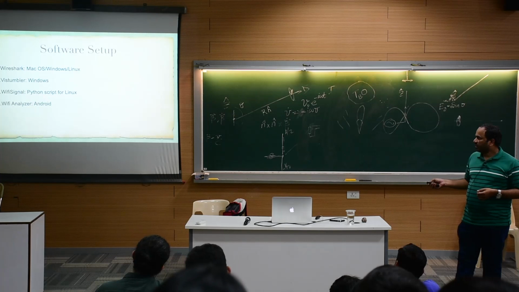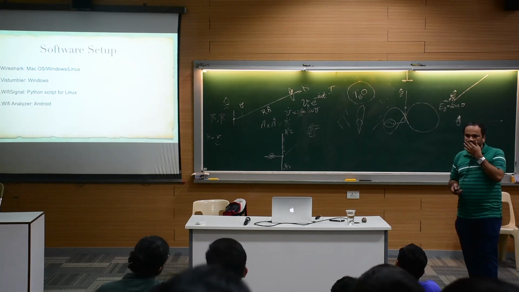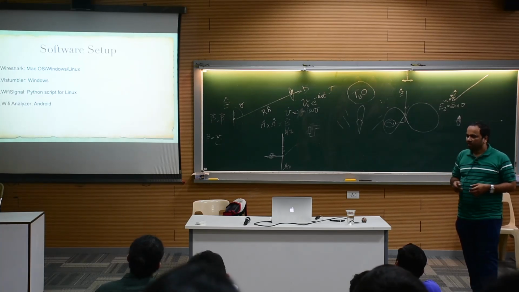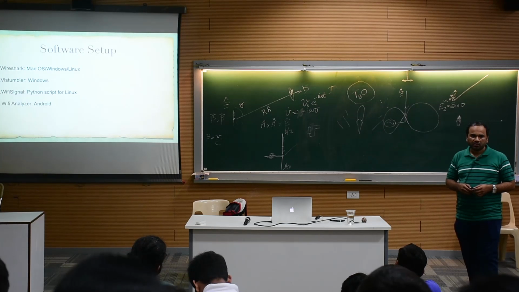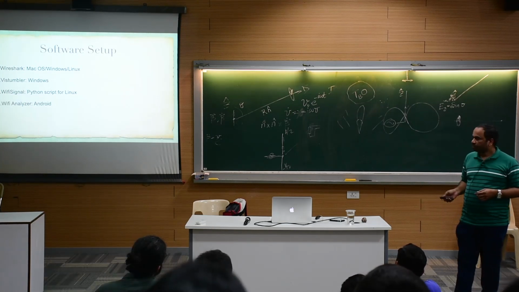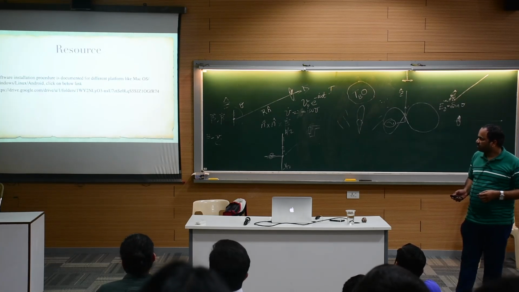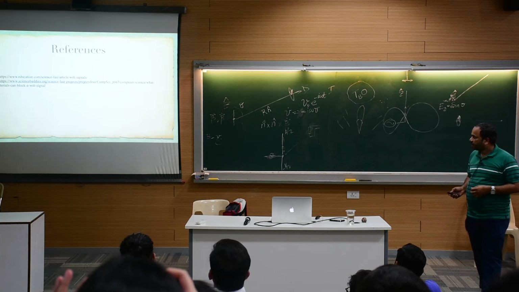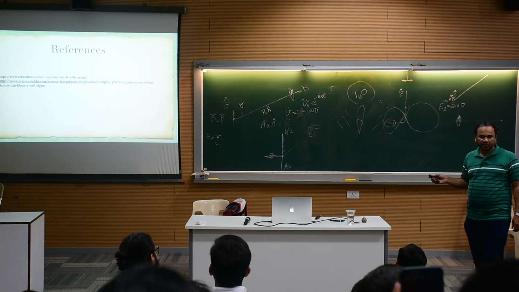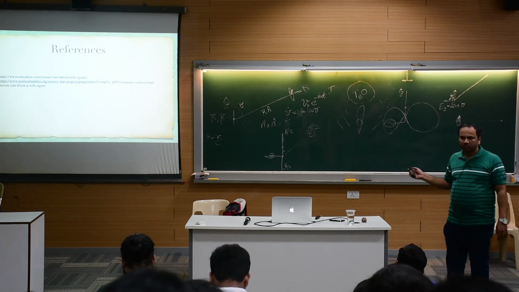For Python, Prakash has written the whole script, so we have that also. We'll share the link. And Wi-Fi analyzer is for Android smartphones, or Apple handsets have their own software. So these are a few resources and references. Anyway, we will share this presentation with you, so in case you don't find them anywhere, you can refer to it.